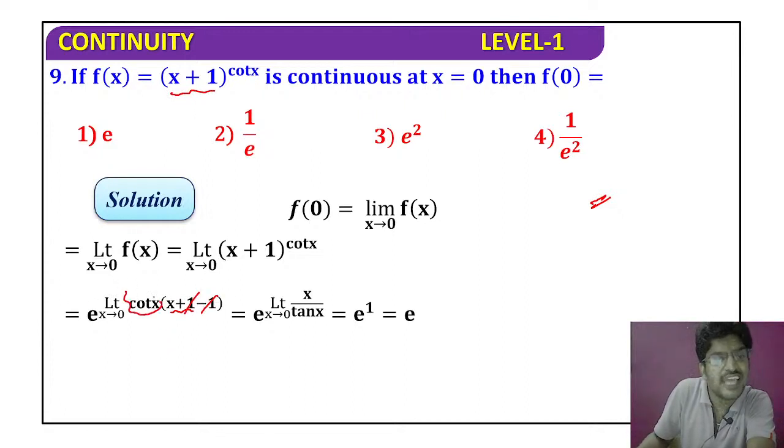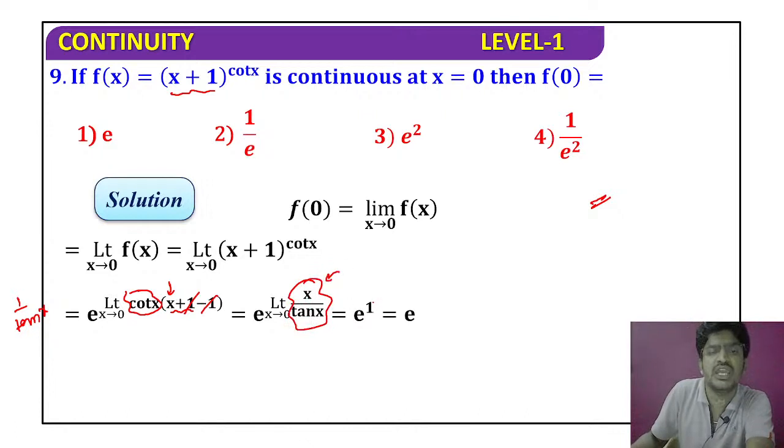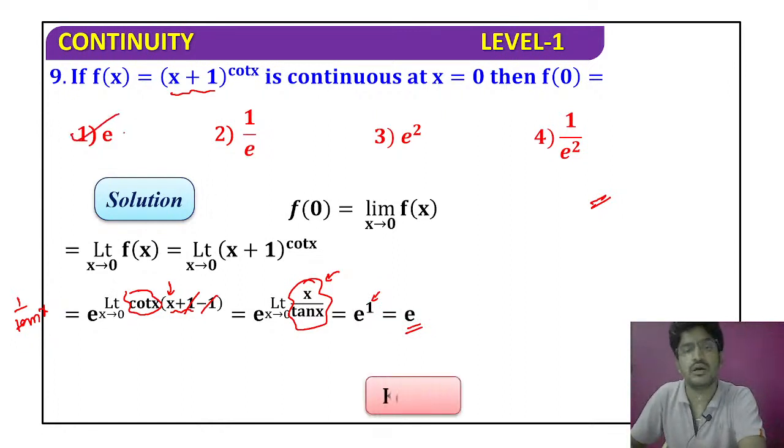Here cot x can be written as 1 by tan x. 1 by tan x multiplied with x will become x by tan x. So as x tends to 0, this will become 1. Therefore e raised to 1. E raised to 1 is what? E. Clear? So option is 1.